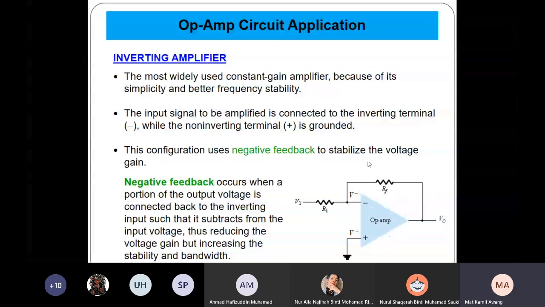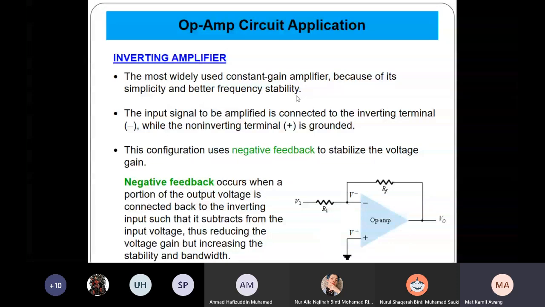If you see this type of circuit, you need to recognize that this is an inverting amplifier. How to recognize? You have the input at the negative terminal, the positive terminal is grounded, and you have negative feedback to the negative terminal.